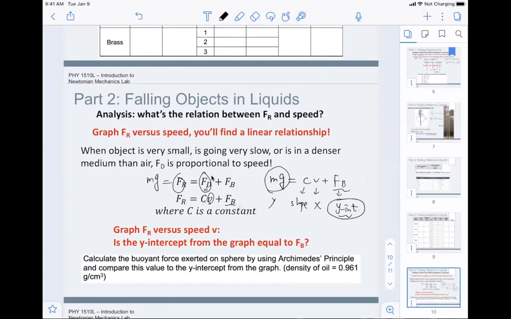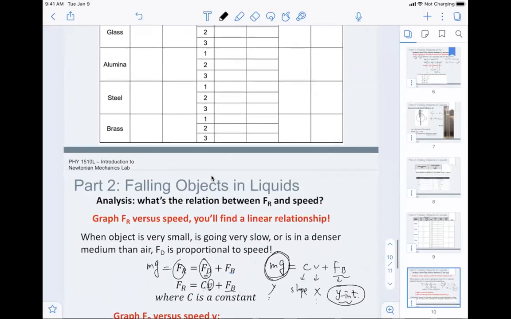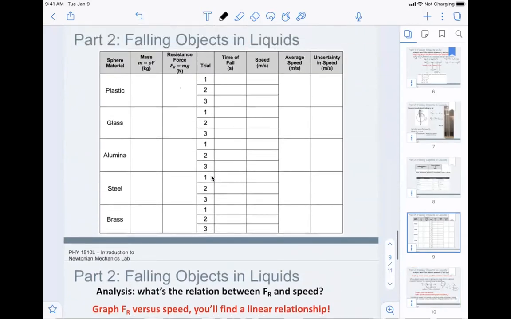Exactly how is y recorded, how is x recorded? We already know how x is going to be recorded. That's velocity. We're using our stopwatch to take the time and we find our velocity. The y is our weight, the weight of those beads.